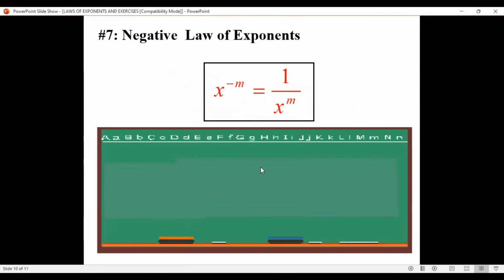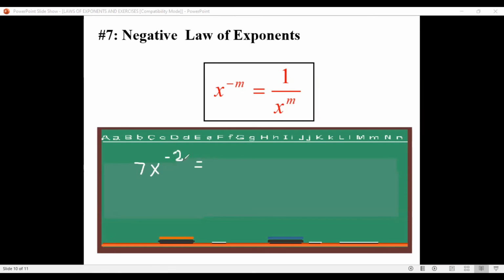This is the one that I just mentioned a while ago, the negative law of exponents. Once you have x raised to negative m, what we are getting is the reciprocal, 1 all over x raised to m. So once you have 7x raised to the negative 2, you have to be careful on this.